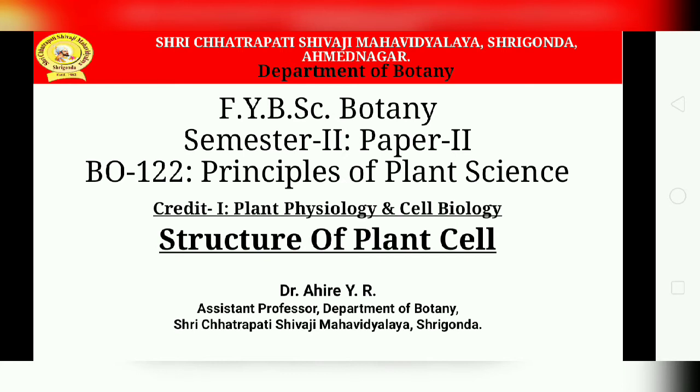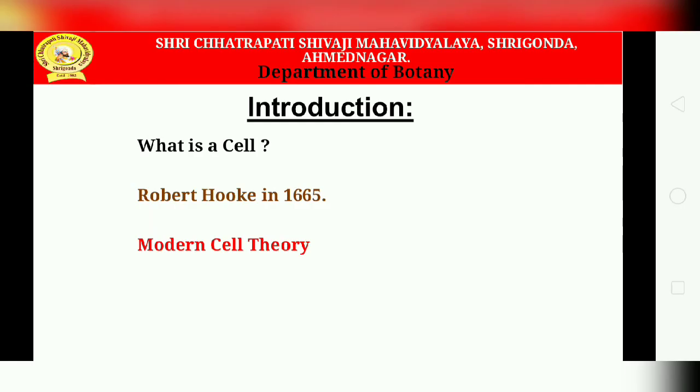The cell provides definite size, shape, and structure to all living organisms. Not only this, the cells in the plant's body carry out different types of functions and keep them active and alive.